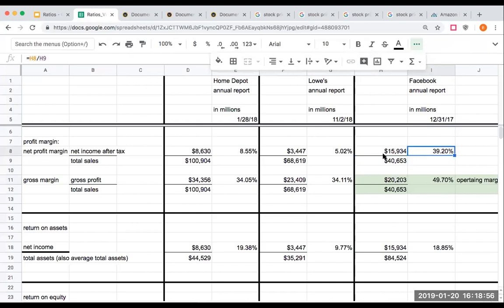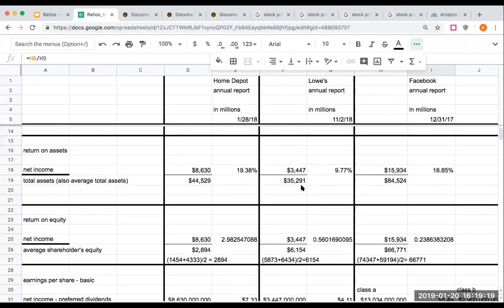So roughly it is about 39%, which is significantly higher than Home Depot and also Lowe's. But again, Facebook is a social media company. They are not a retailer. So very different types of businesses. I'm putting Facebook in here just to show the overall comparability.